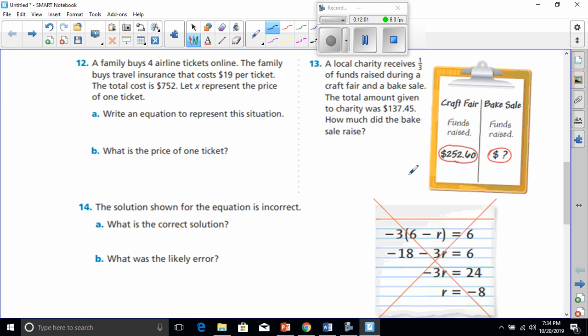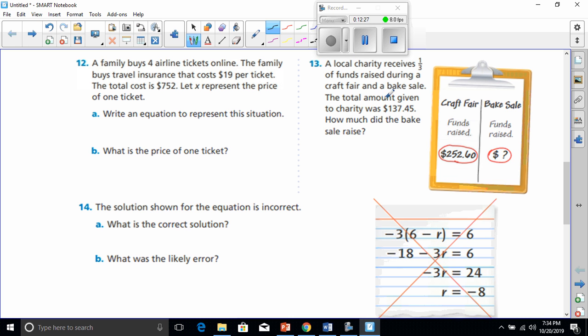Okay, let's see, the bake sale, a local charity receives 1/3 of the funds raised during the craft fair and bake sale. Glad I read that again. So there's a combination. And it says the total amount given to the charity was this amount. So what they're wondering is, how much did the bake sale make?